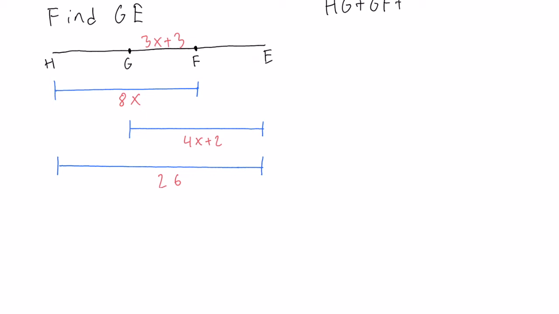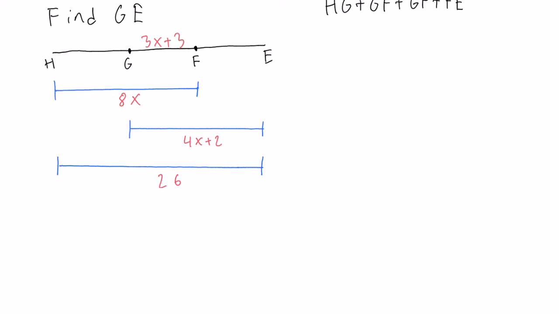So GF plus FE. The problem we've been given there, however, is that we've added GF twice.